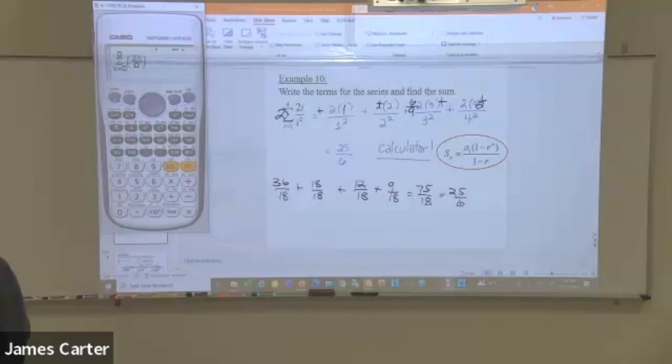Okay, alpha x. Well, what did I do? I didn't hit alpha, I hit shift x alpha, x squared, from 1 to 4. Okay. Equals 25/6.